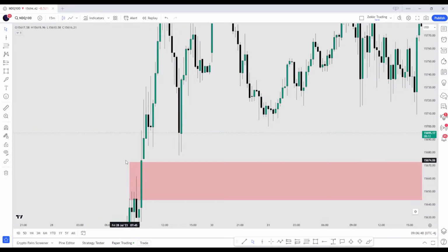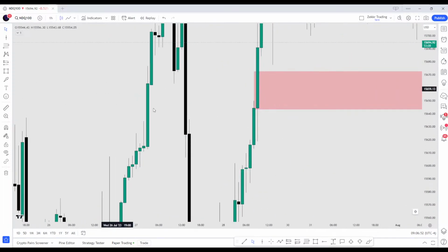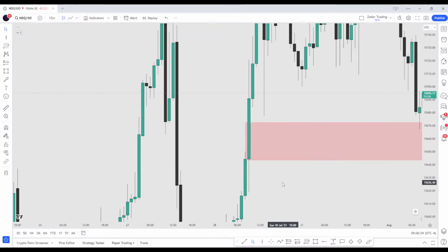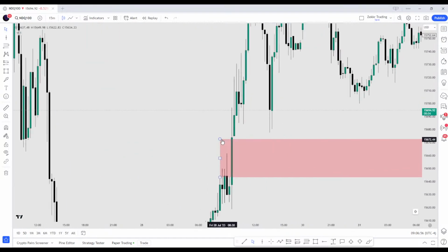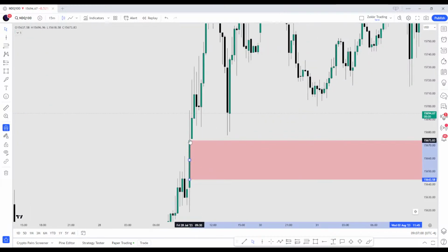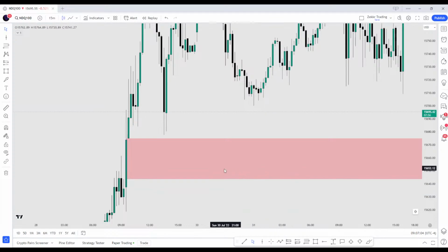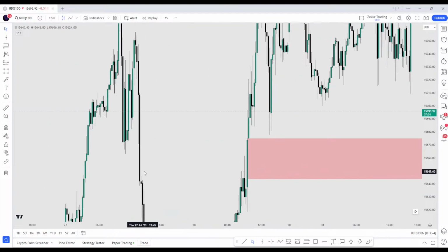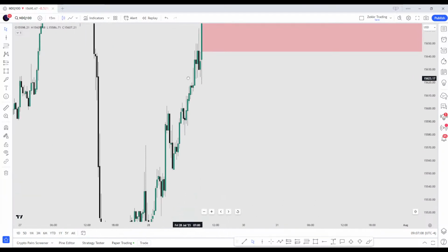Wait, why is this so... Is that a 1-hour fair value gap? No, it's 15-minute, but it's so weird. It should be here and here. I'm gonna cover the volume imbalance as well. Not that one. One from Friday, Thursday, Friday.